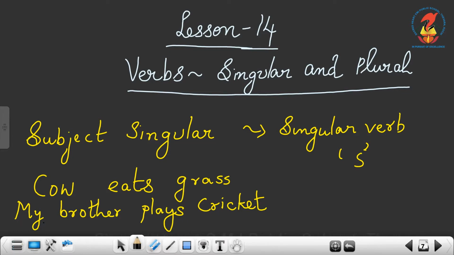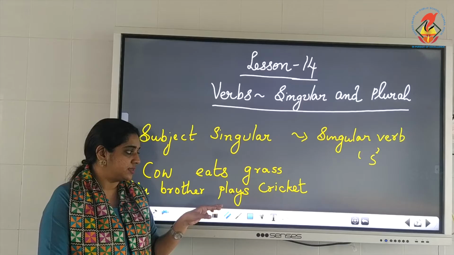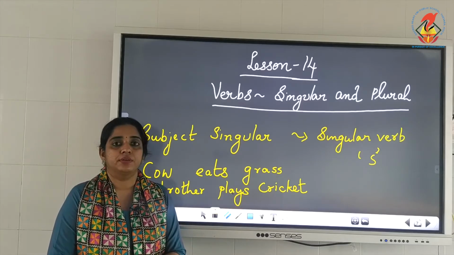Now, my brother plays cricket. Why did I use plays here? Because my brother is singular. If the subject is singular, you have to use plays as the verb. You have to add one s with the verb. This is the singular form of the verb.